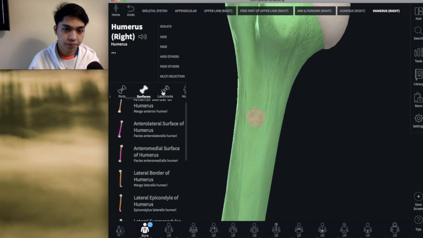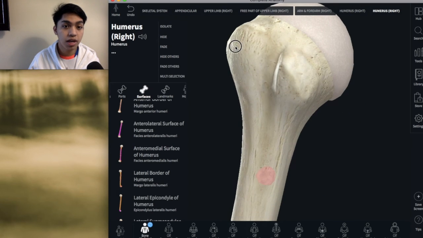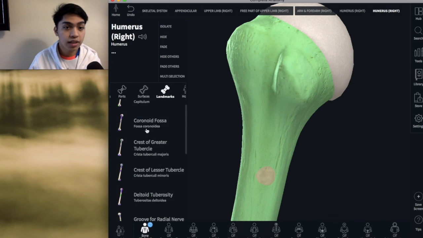Going back to the tubercles, they have their own corresponding crests, which are immediately below them. The crests provide a site for insertion of muscles.